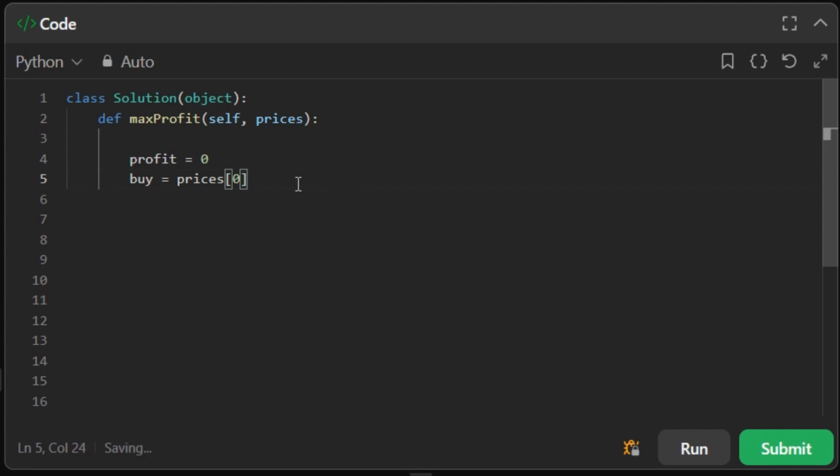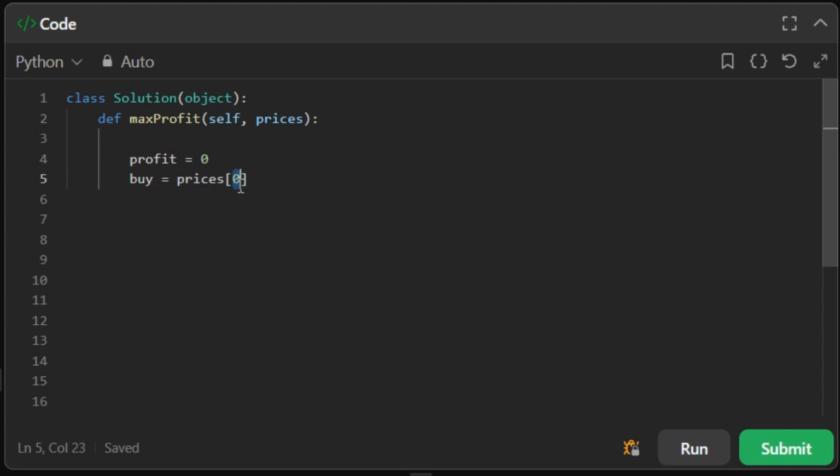If you remember earlier, on the first day, there is only an option to buy the stock. We cannot sell the stocks because according to the question, buying and selling operations must occur on different days, and before selling, you also must buy the stock initially. For that reason, initially the minimum buying price would be the price of the stock on the first day, that is prices[0].